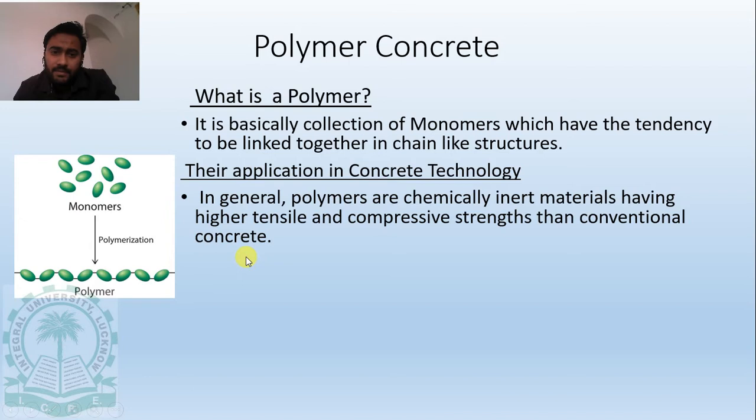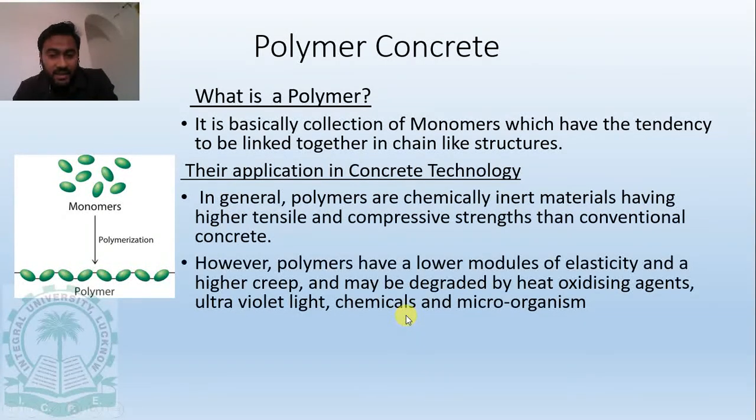So how are they important in concrete technology? These polymers are inert materials which have high tensile and compressive strength compared to concrete. But on the other hand, they have a lower modulus of elasticity and higher creep, which is not required.